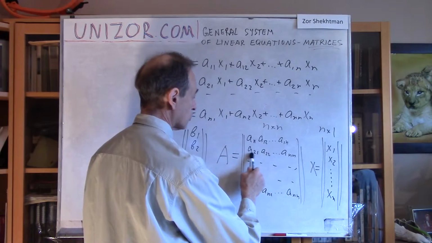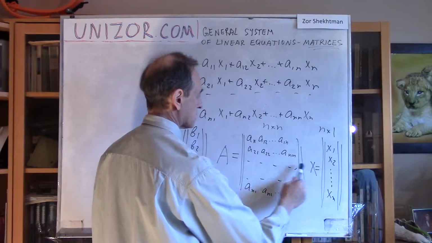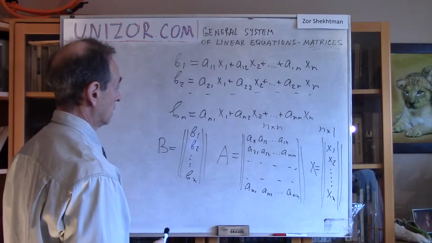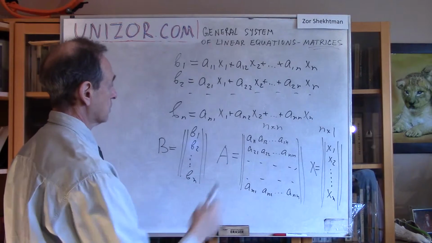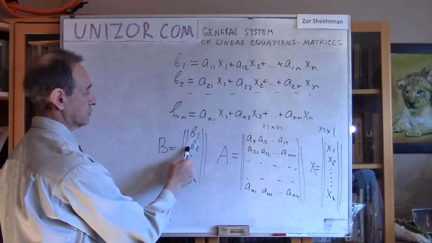So it's a21 times x1 plus a22 times x2, etc., which is exactly the right side of the second equation, and it's equal to b2.